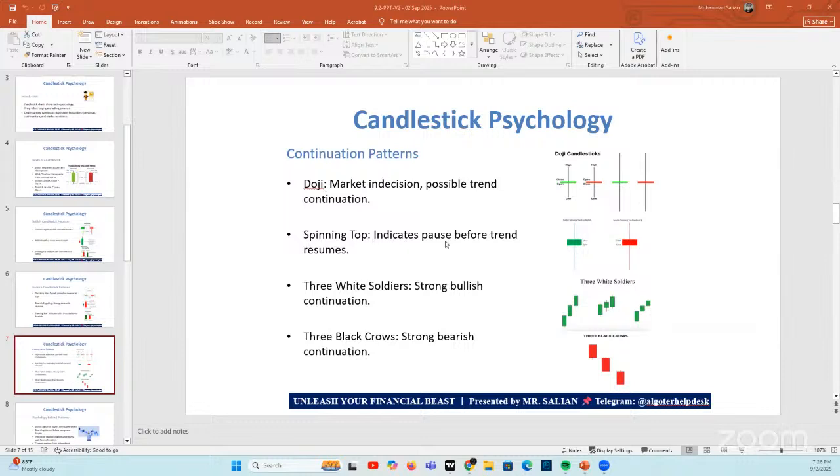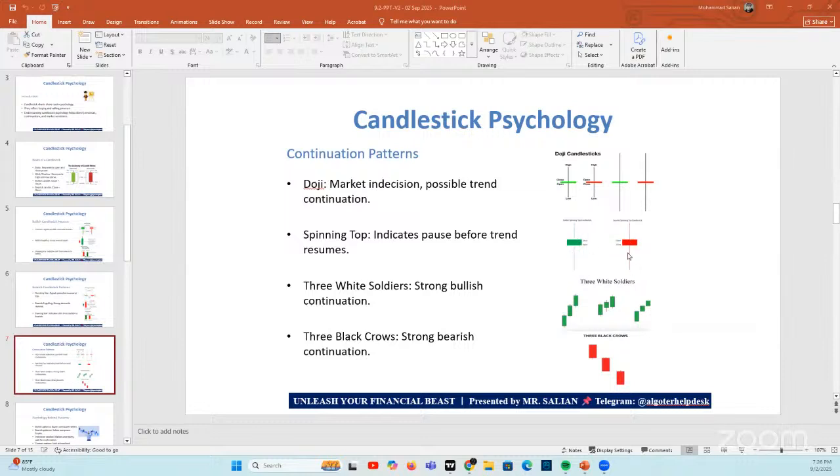Spinning top indicates a pause before the trend resumes. So it's like a doji, but there's quite a body compared to the doji. The spinning top, by the word top, because it's like a spinning top like that, where this will be the nail of that top.